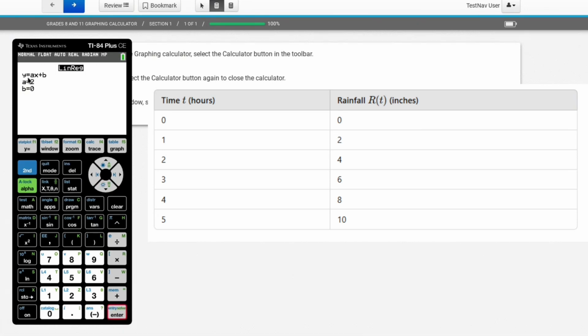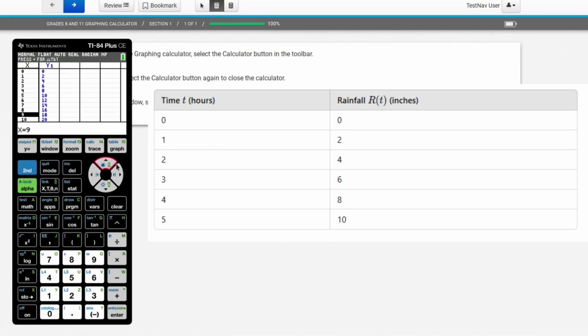This shouldn't come as a surprise that based off of the numbers, we have y equals 2x, or I guess technically in this case, r of t equals 2t. But if I go to y equals, there's my equation waiting for me. And that's why we do this process. Now it wants me to find out r of 9. So an easy way of doing this is going to 2nd Table, scroll down to 9, and that gets me 18.